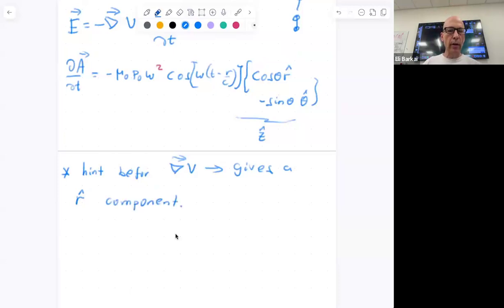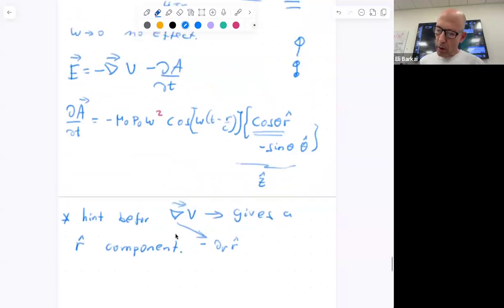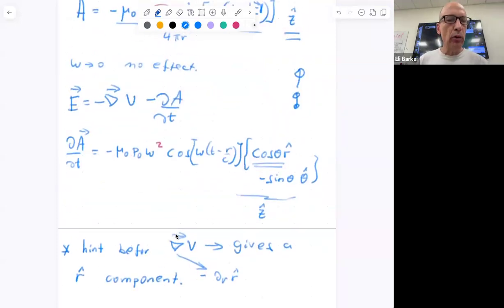We talked about it. It was from this d over dr r from the div. But you see also here I have an r component. So when you calculate the E, I'm not doing it, you have two contributions in the r direction.